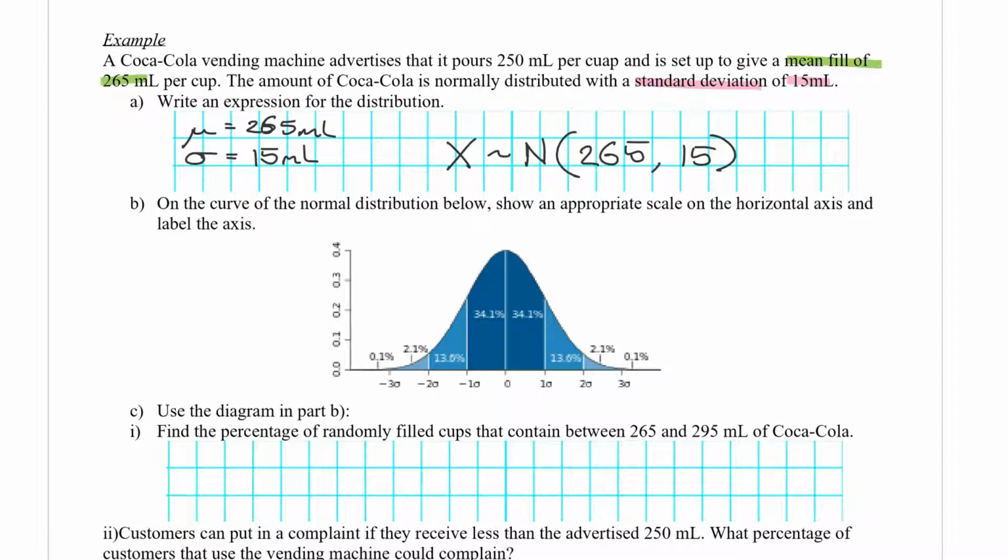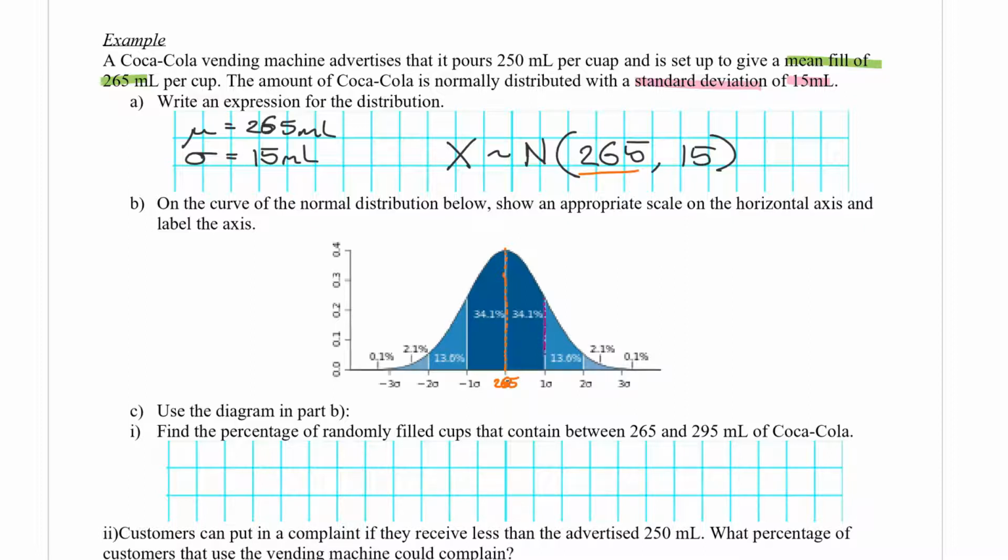Now looking at this, we know that at the very center of this bell curve is going to be our median and our mean. And if we already know our mean is 265, then I can just go ahead and label it 265 like that.